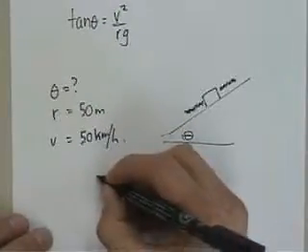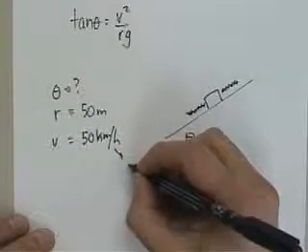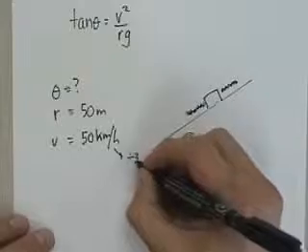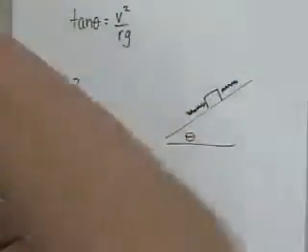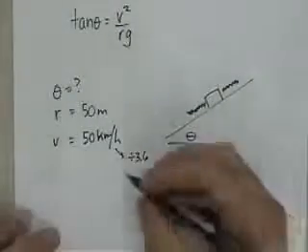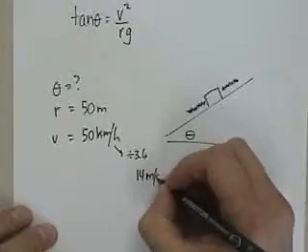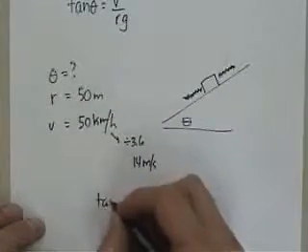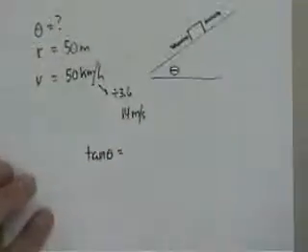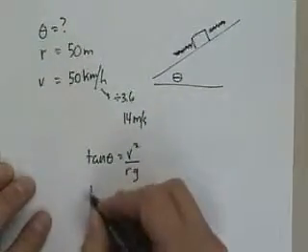First of all, we need to convert that to meters per second. So 50 divided by 3.6 is 14.14. So 14 meters per second. Tangent of theta equals v squared over rg. Let's fill that in.